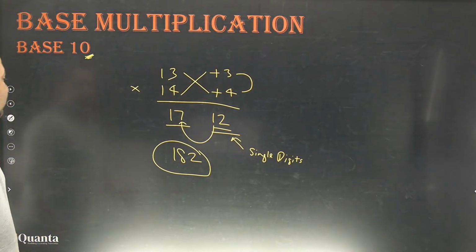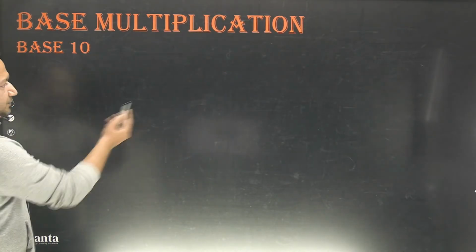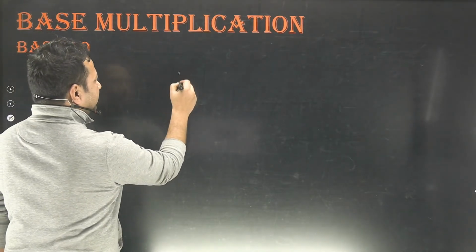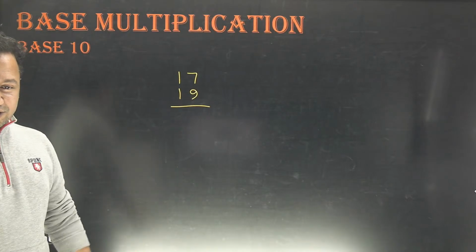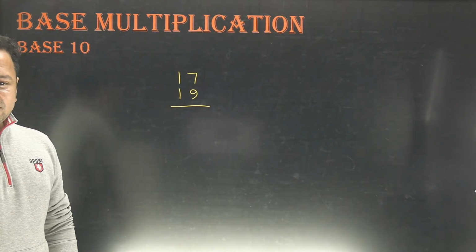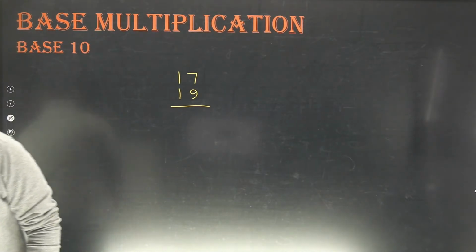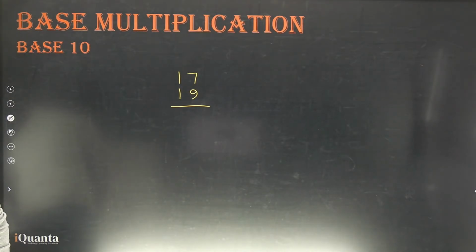All right. Okay, so let us do one more example. 17 multiplied by 19. This number is huge. Shivang, base is nothing but a multiple of 10. Joy, I'll come to that also.